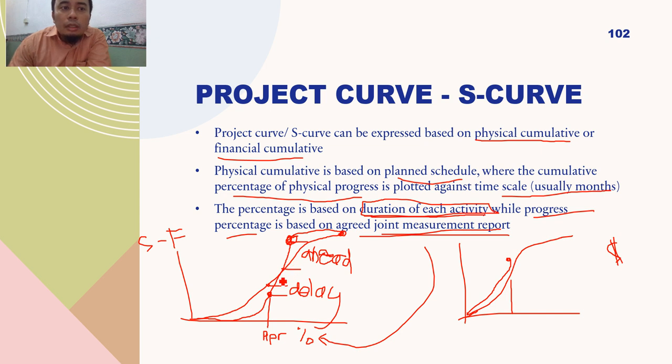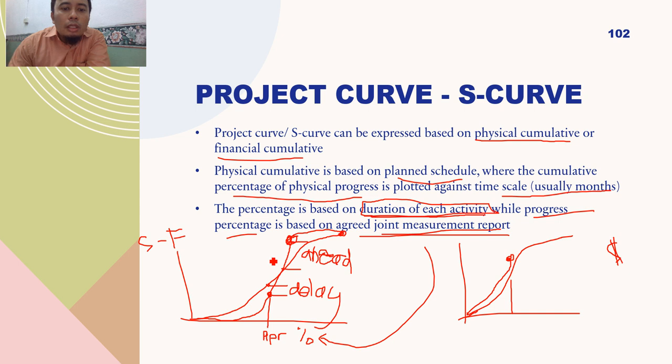It depends. Sometimes the task is very costly, like installation of M&E items, like air condition unit, chiller unit. The material costs a lot, and you can also claim when the aircon has been delivered to the site. But the aircon has not been installed yet, so on financial curve it will be large because the amount is large.